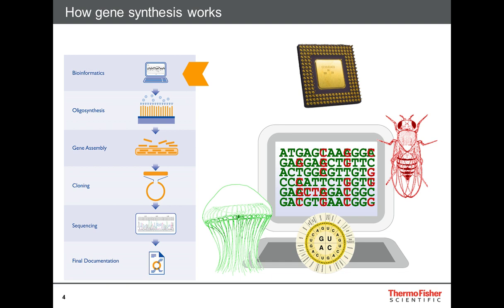Now, how does gene synthesis work? It all starts in silico. So imagine you take a gene from the jellyfish, GFP, and you want to transfer it to the fruit fly. And of course, this works because the genetic code is universal, and we all speak the same language. However, I would say that the dialect is a little bit different. And what I mean with dialect is that the synonymous codon usage in different organisms is different.